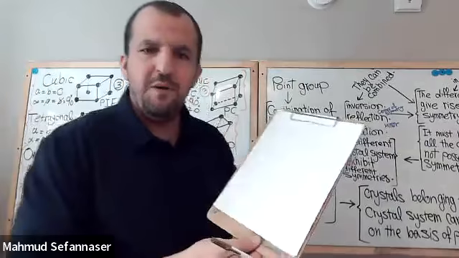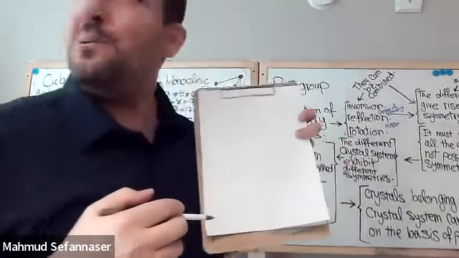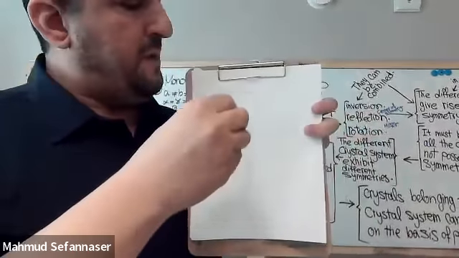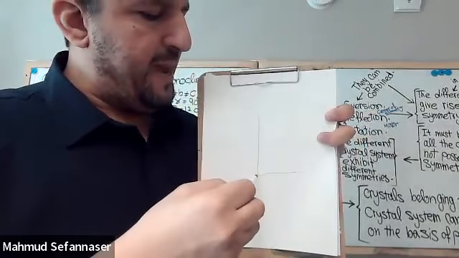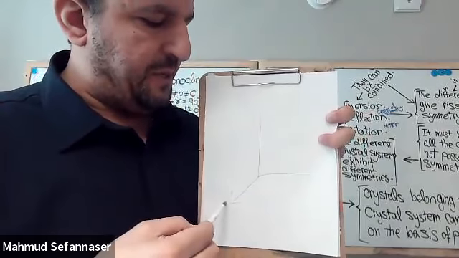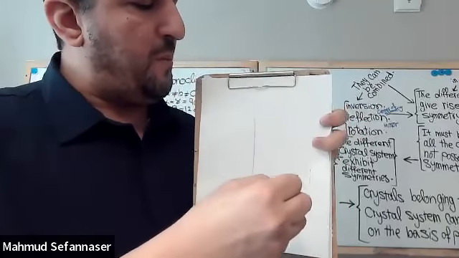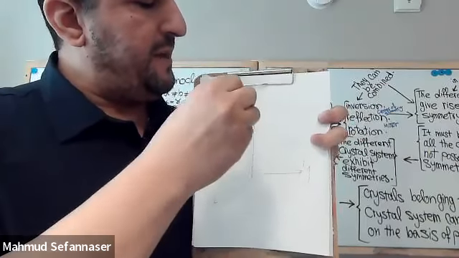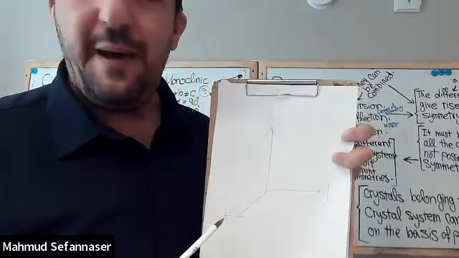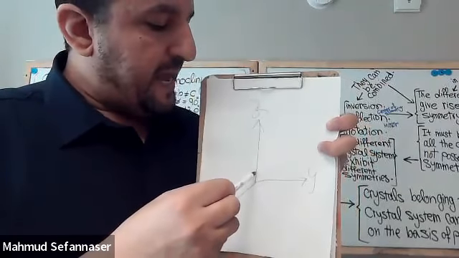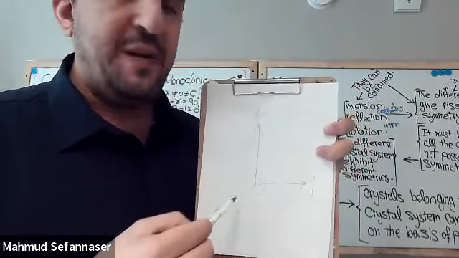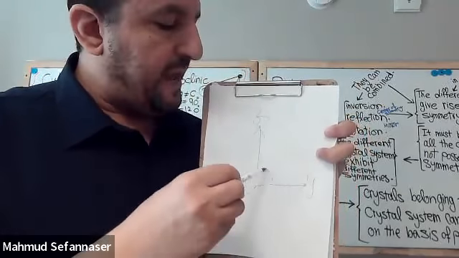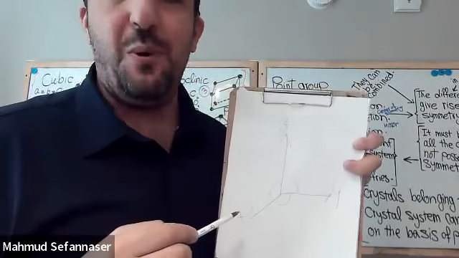If we try to draw that, this is the z-axis, this is the y-axis and this is the x-axis. We know that there is an angle between z and x, an angle between y and x, and also an angle between z and y.